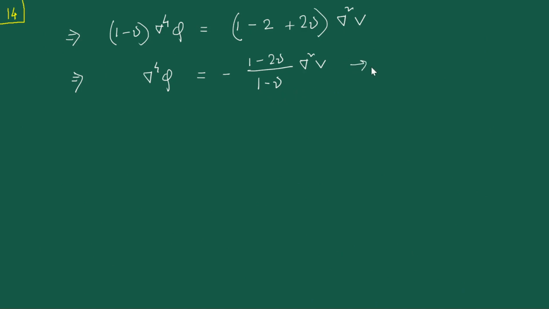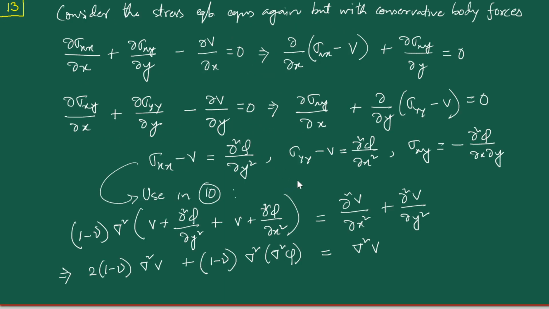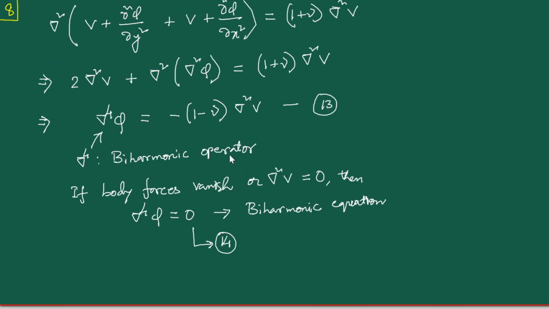This one is from the plane strain formulation, let us not forget that, and what we had obtained earlier for plane stress was ∂⁴φ equal to minus (1 − ν) ∇²V, equation number 13 on the previous page.